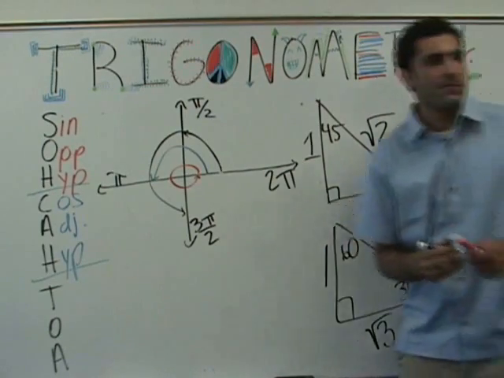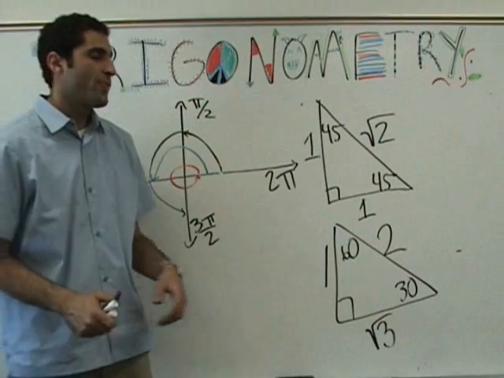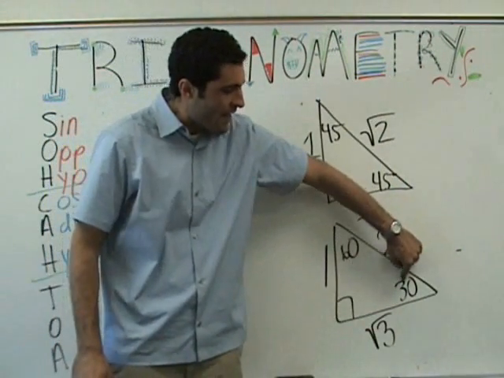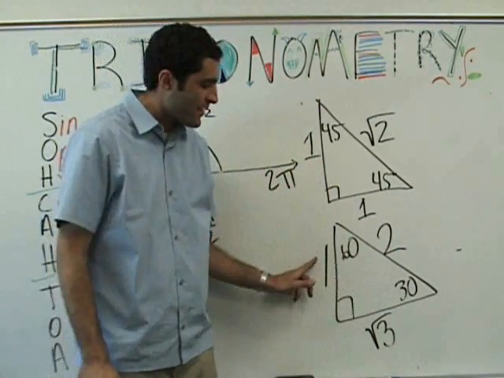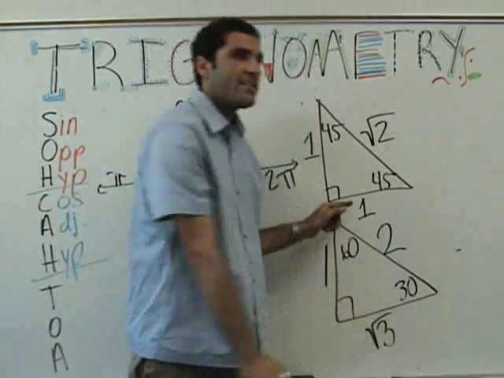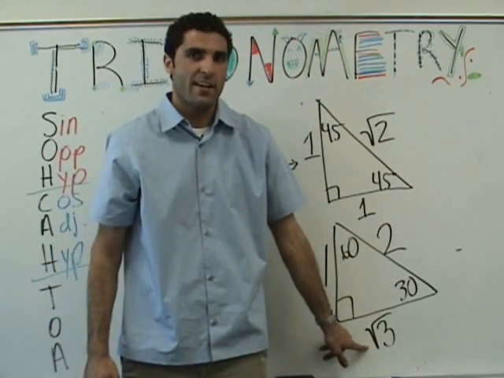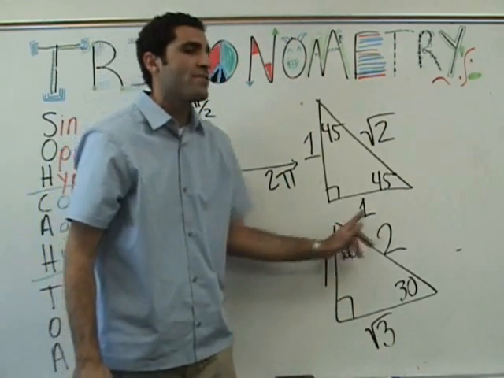Quick brush up for the 30, 60, 90: the 30 side is the smallest side, 1. To get from the 30 side to the 60 side, we multiply by square root of 3. To get from the 30 side to the 90 side, we multiply by 2.